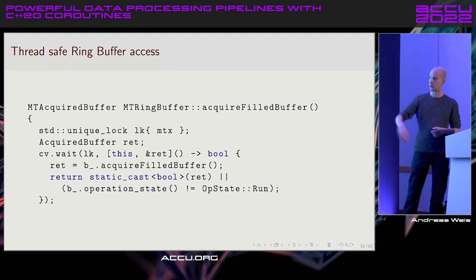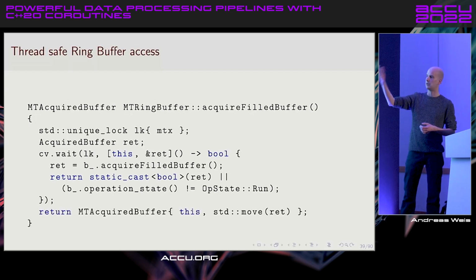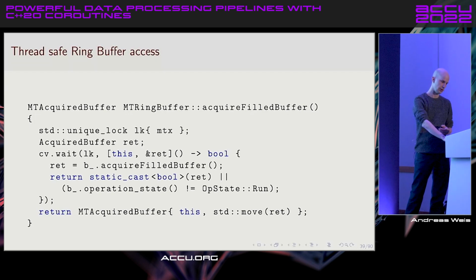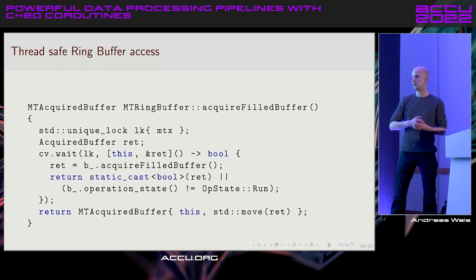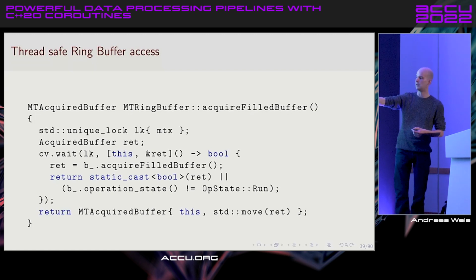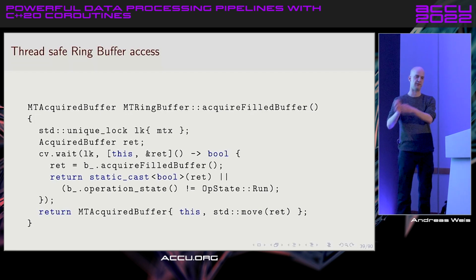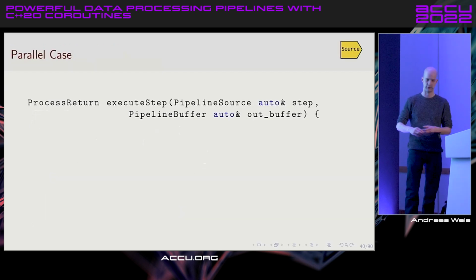So the way that this will work is if I don't have a buffer available, the condition variable will just go to sleep. And then the empty acquired buffer, which I return here, again, this is an RAII object, so whenever this gets destroyed, it will take care of notifying the other side, right? So if I acquired a free buffer, it will notify the wait for the filled buffer and vice versa, so that they can unblock each other.